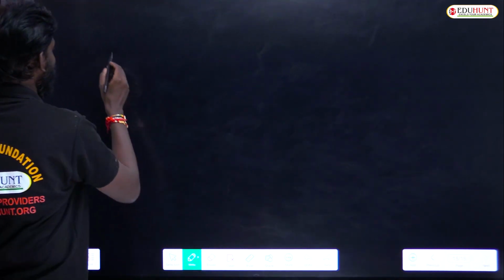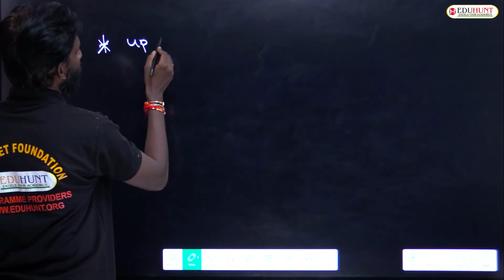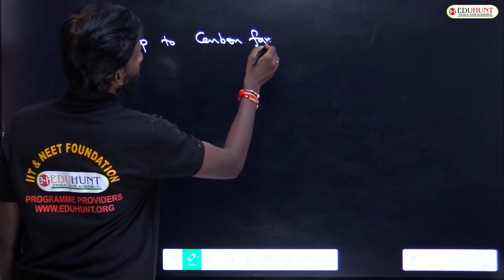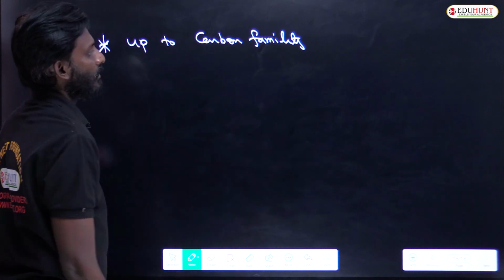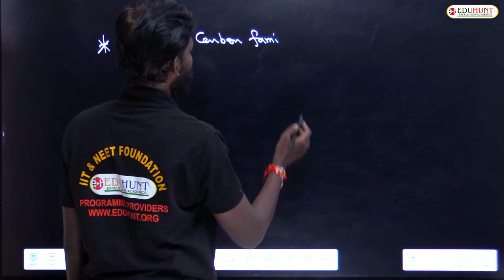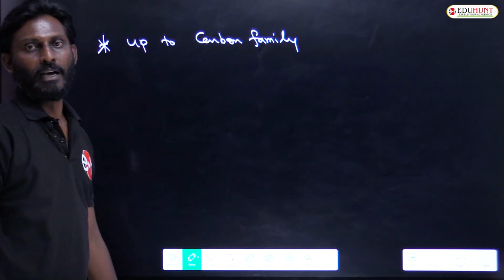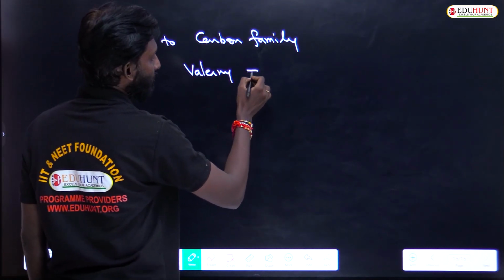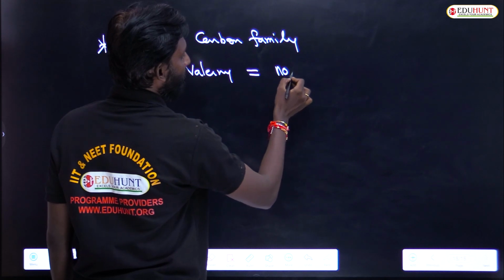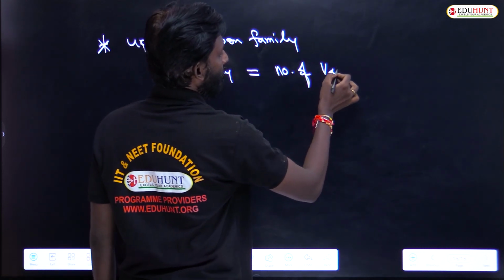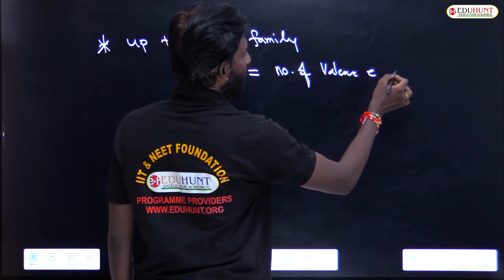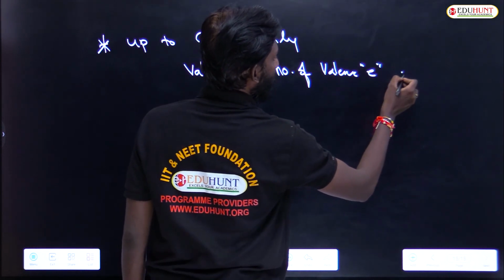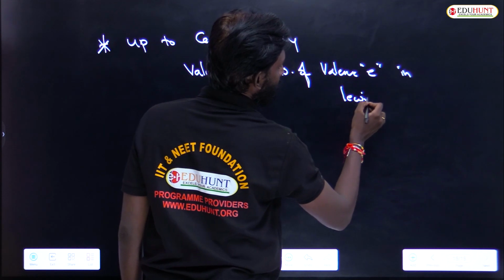Let me conclude that and write it. Up to the carbon family, valency is equal to the number of valence electrons in the Lewis symbol.